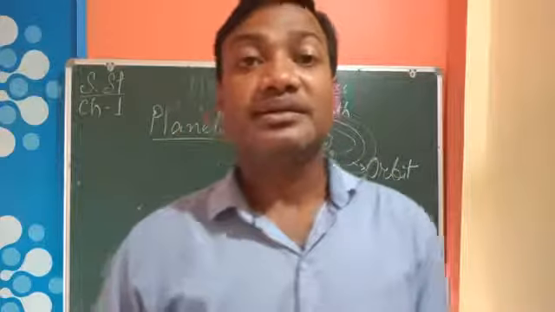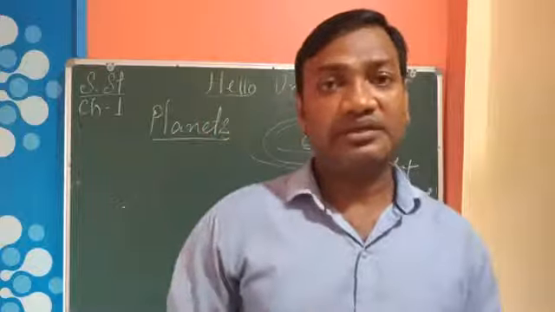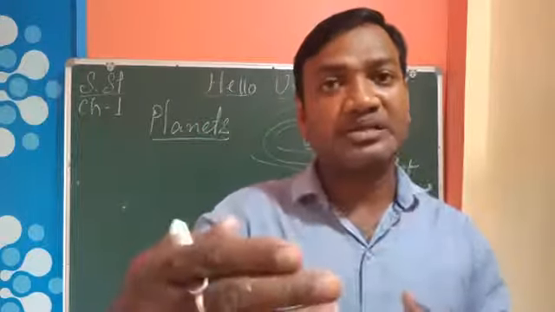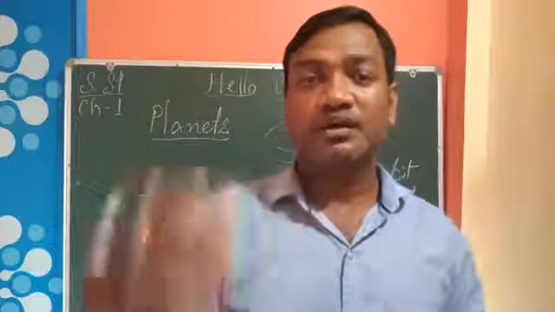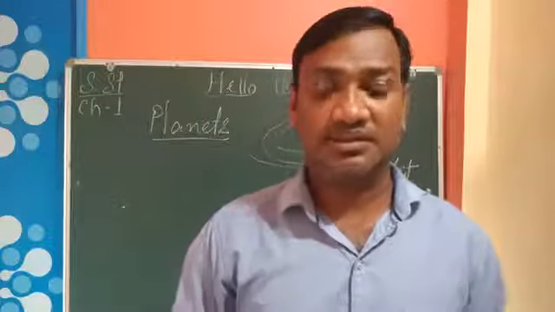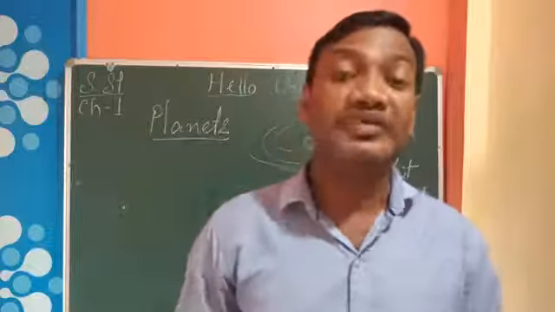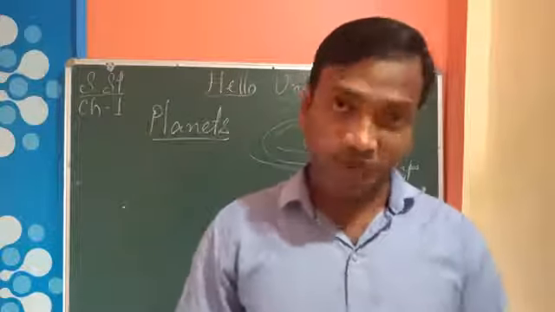Correct? And we know that the sun gives us heat. If we are very close to the sun, we would get more heat. Mercury is the closest to the sun, so Mercury gets more heat.